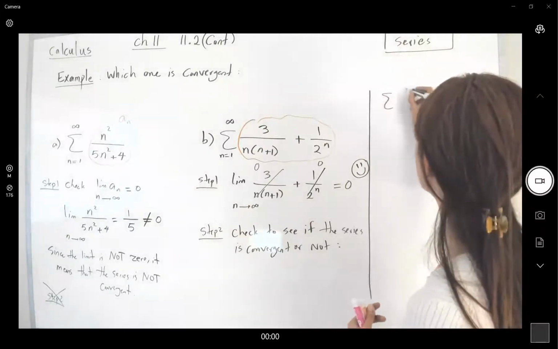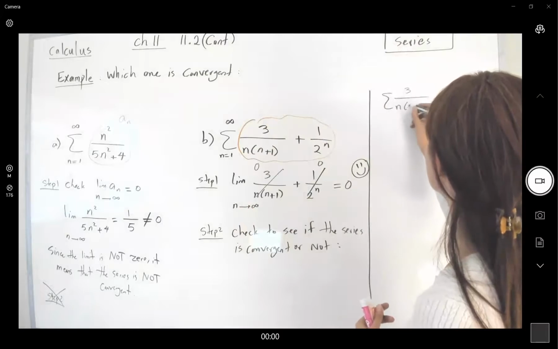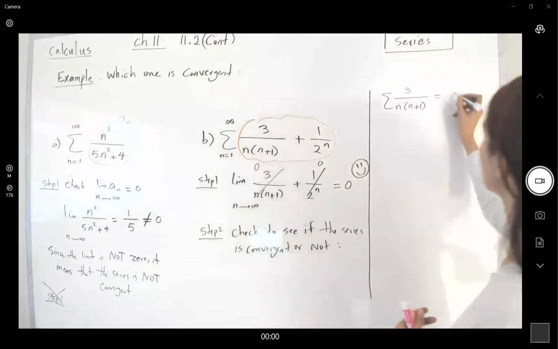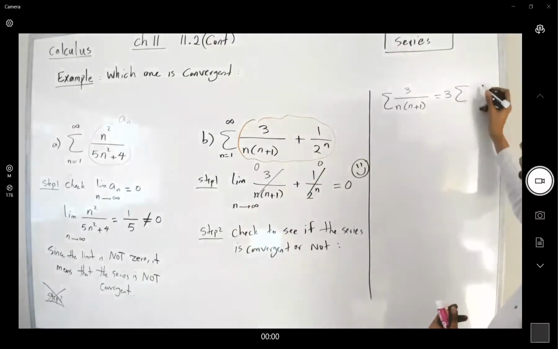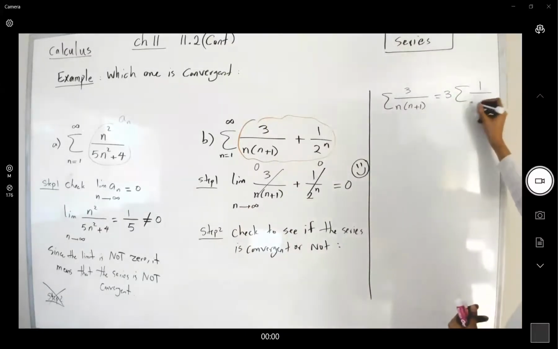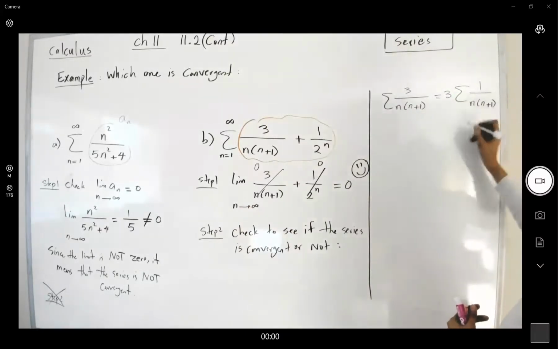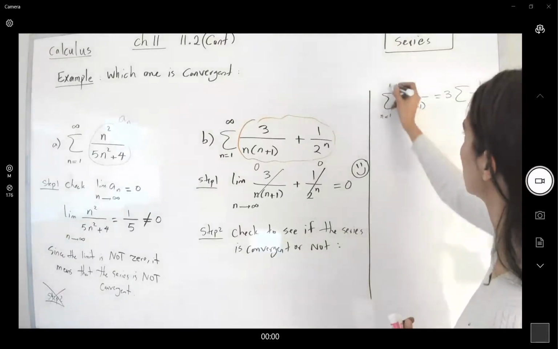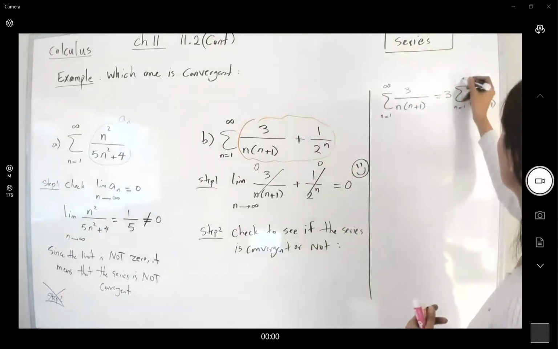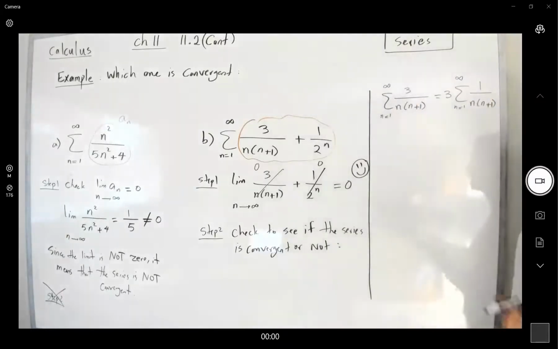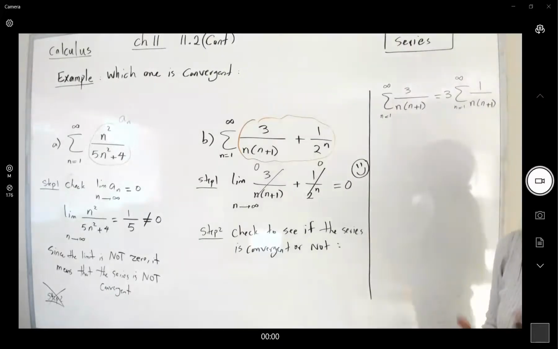The series 3 divided by n times n plus 1 can be written as 3 times the series 1 over n times n plus 1, and starts from 1, goes to infinity. Remember that our job is to analyze the partial sums.